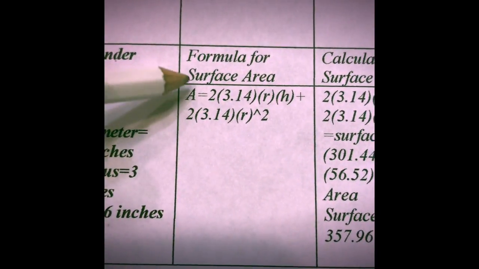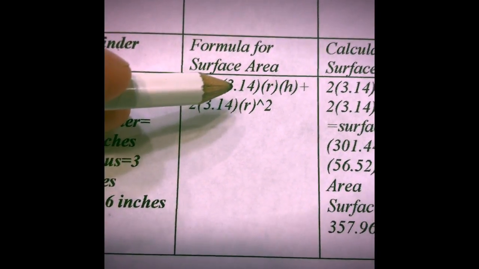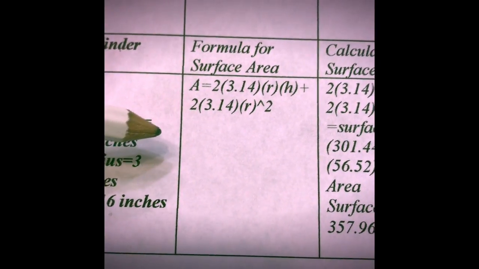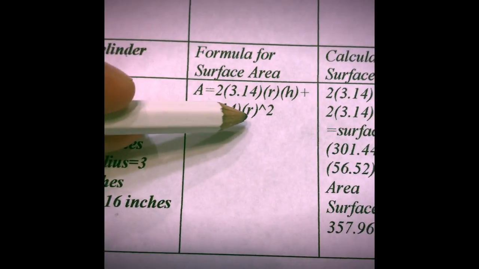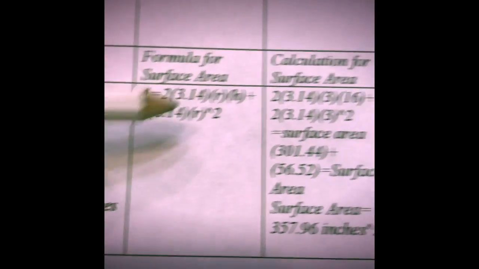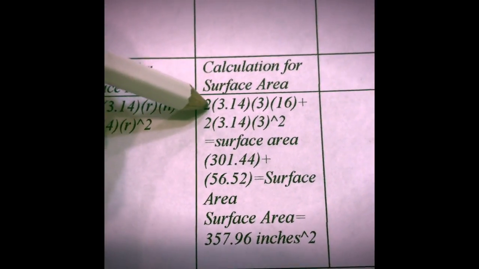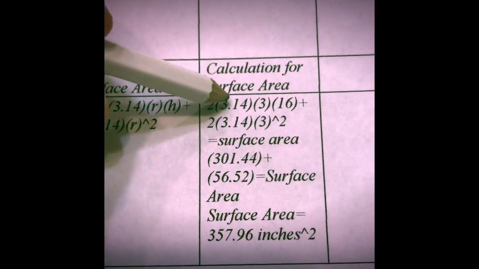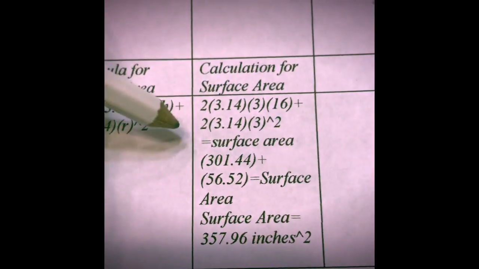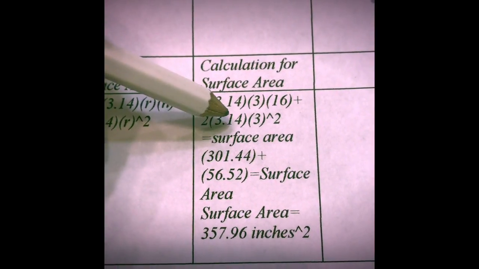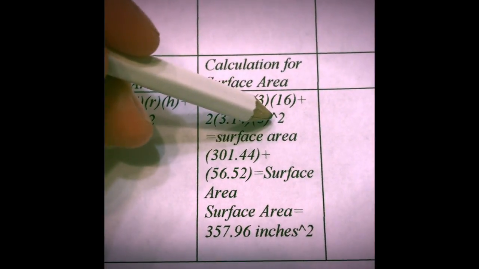The formula for surface area is 2 times pi times radius times height plus 2 times pi times radius squared. If you plug in all the numbers, you get 2 times 3.14 times 3 times 16 plus 2 times 3.14 times 3 squared.